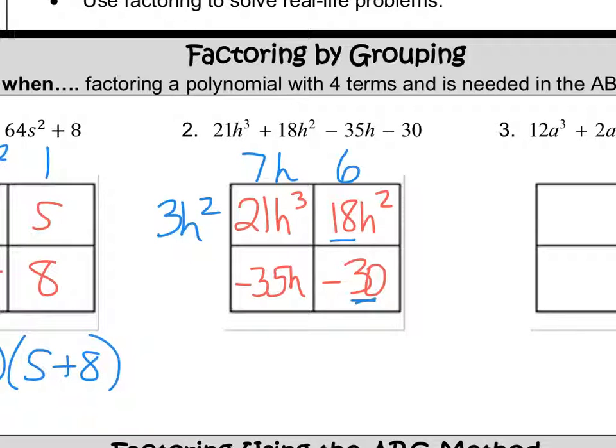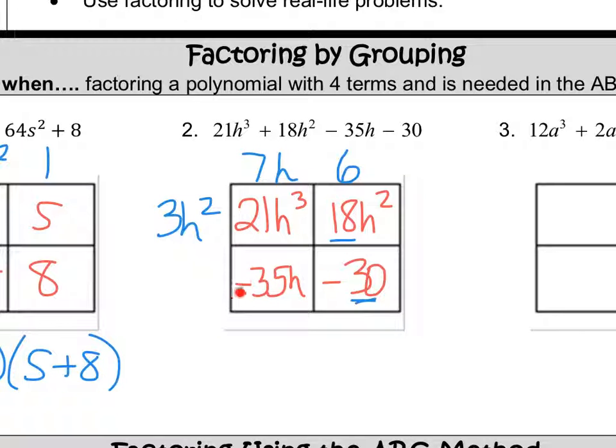And in the bottom row, looks like we can do a 5. And that's about as good as we can do. We don't have a letter. The one thing, though, to point out: notice that my leading one, the one that is closest to the wall that I'm pulling out, if that is a negative, then I need to pull out a negative. Now here, I had a positive and a negative, but the number closest to the wall that I was pulling out was positive, so I pulled out a positive.